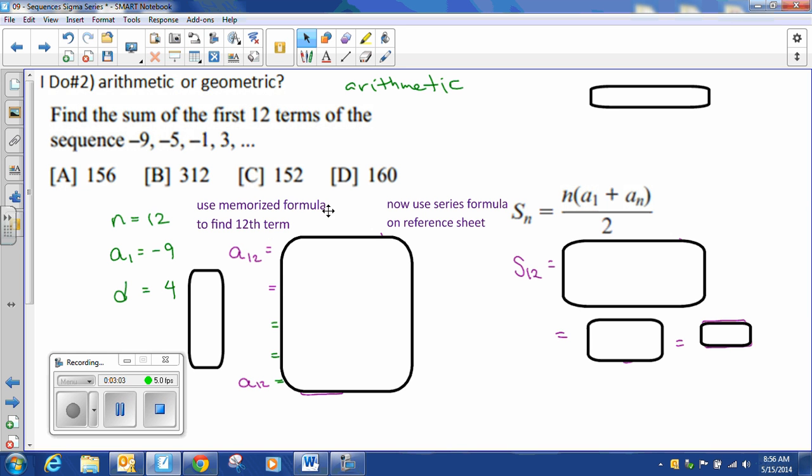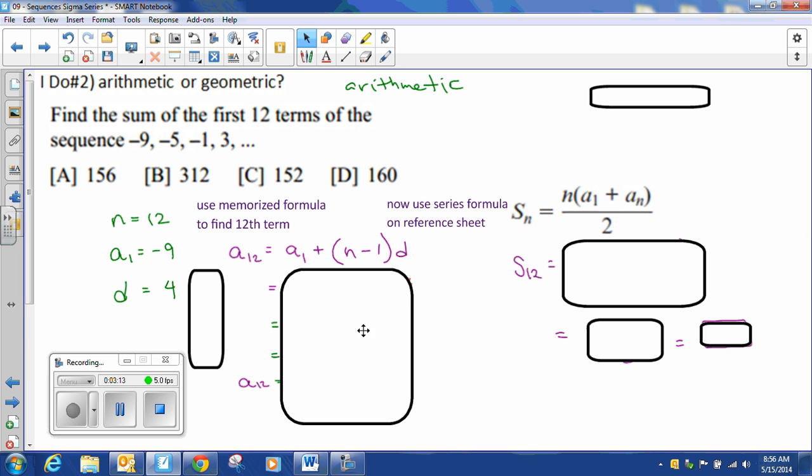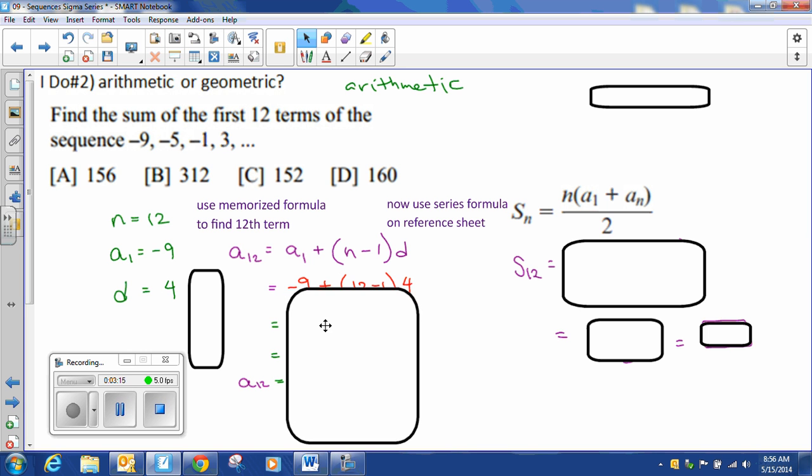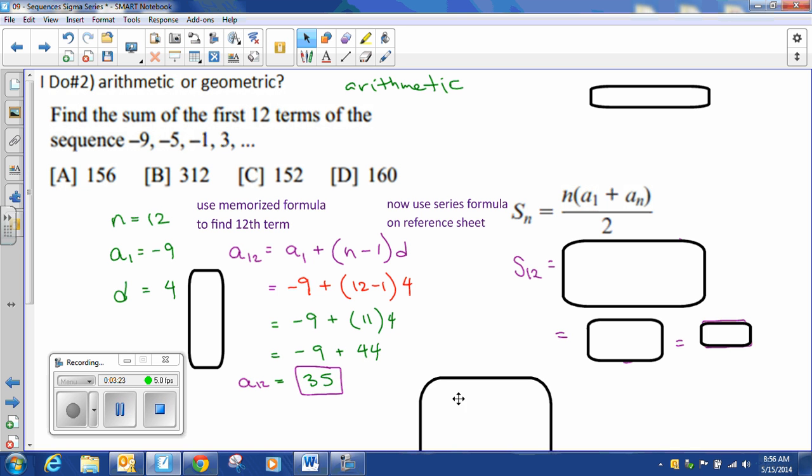Because we want to find the sum of the first 12, we need to find what that 12th term is. So we're going to use that memorized formula to find the 12th term. We plug in -9, the first term, 12 goes in for n, and 4 is the common difference. Use your order of operations, and the 12th term is 35.